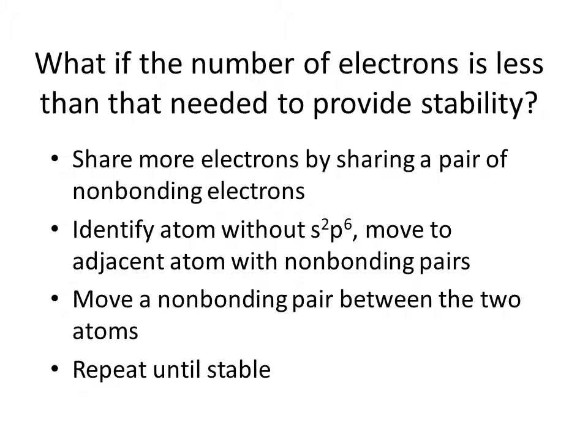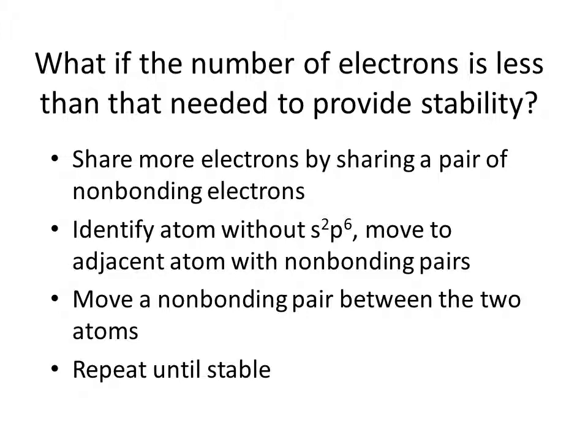Sometimes the number of electrons is less than what is needed for everything to have an octet and hydrogen to have a pair. Sometimes we have to find some way to give an octet to each atom without adding more electrons in, yet making sure each has 8. In order to do this, we share another pair of non-bonding electrons.